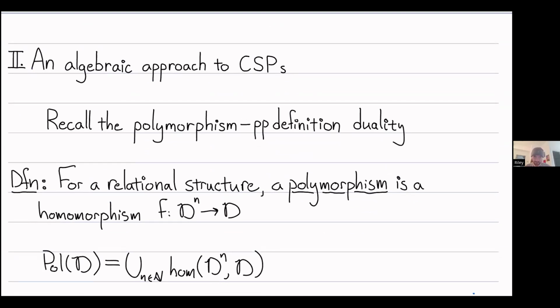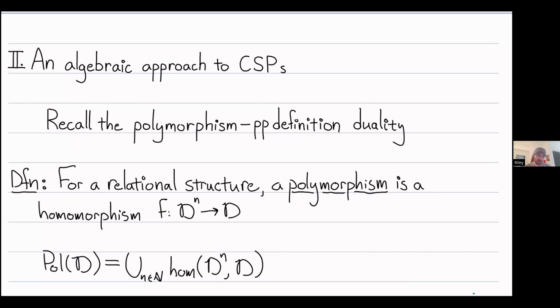This is the mathematical sense of the word recall, where maybe I'm telling you this for the first time. So we have a relational structure D. A polymorphism of D is some homomorphism from a power of D to D. Here the power of D, so we're on the same page, is the categorical power, where we relate a bunch of tuples if the relation from D holds at each coordinate of the tuples.